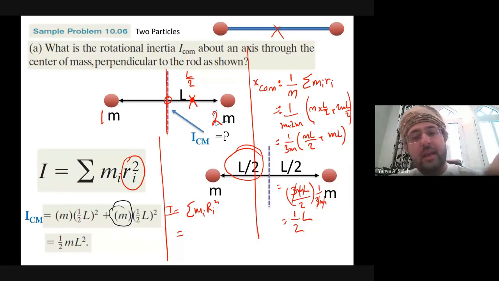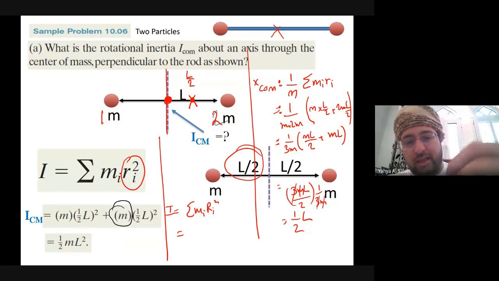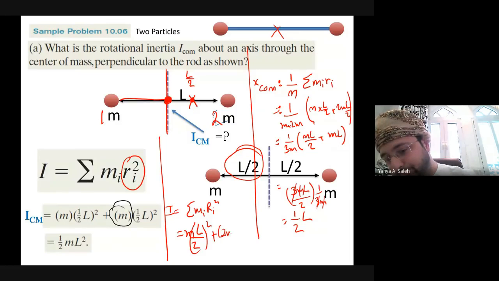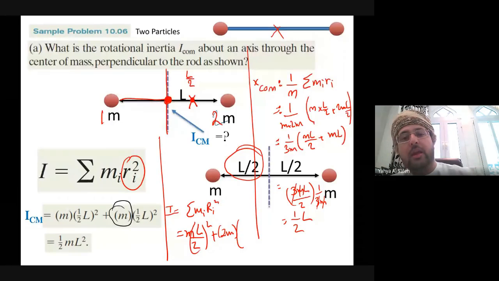Okay, so again, I will take this to be the 0. So I will have m times L/2 squared plus 2m times L/2 again squared.